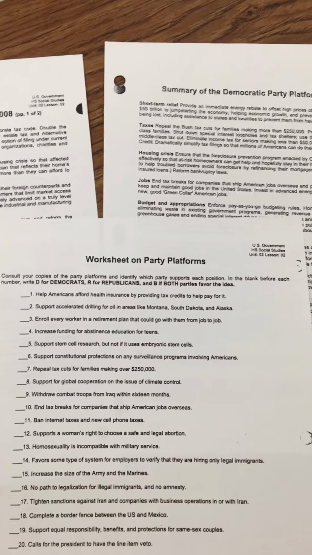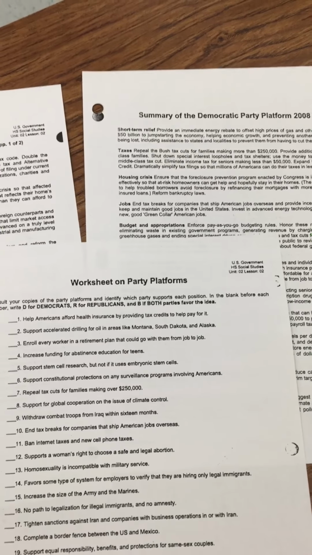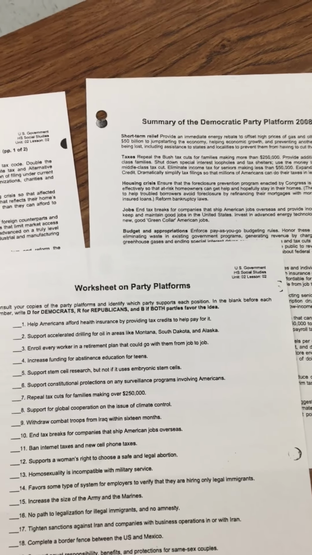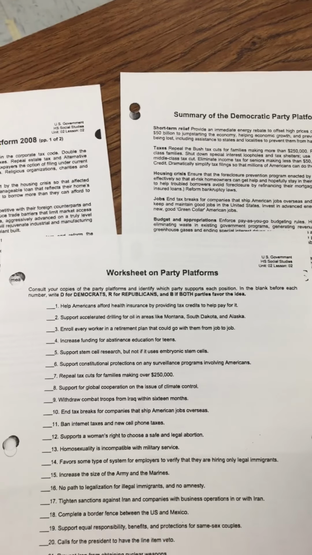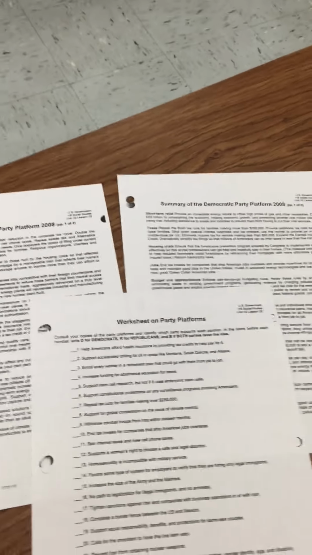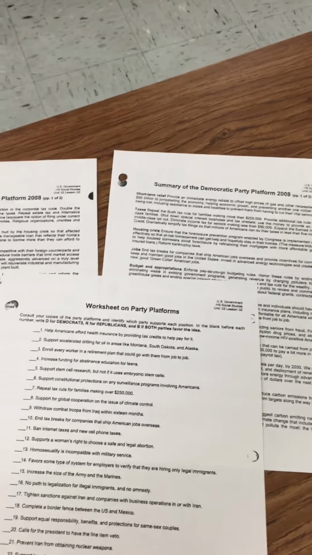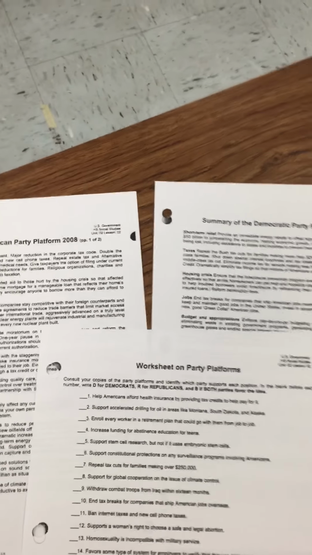So the first one is: help Americans afford health insurance by providing tax credits to help pay for it. Your answer choices are, by the way, Democrat, Republican, or both. And what I would suggest that you do is figure out which topic you're going to be looking at for the Republican side, and which topic you're going to look at for the Democratic side.